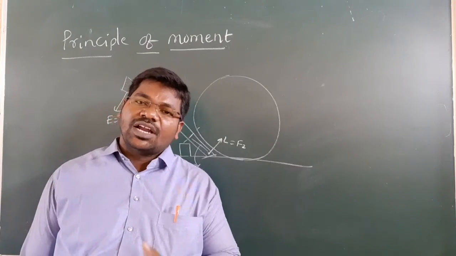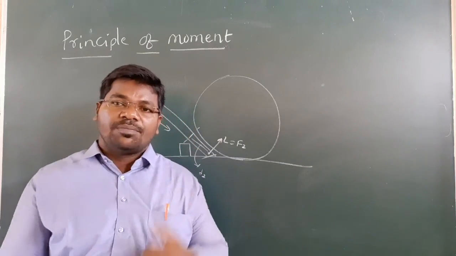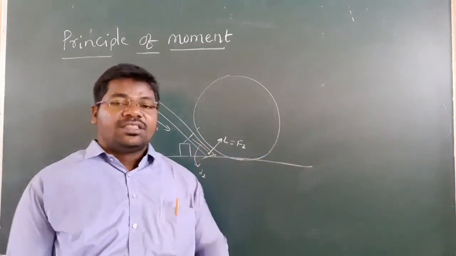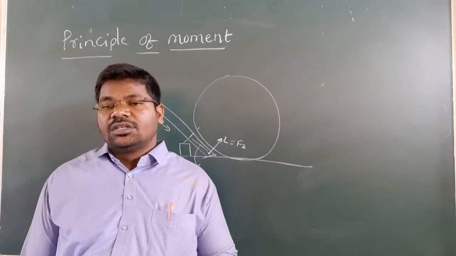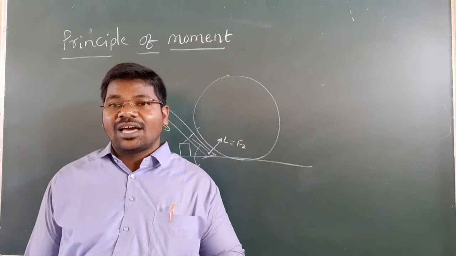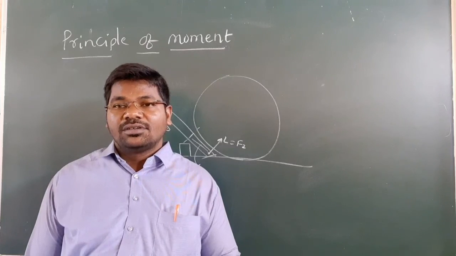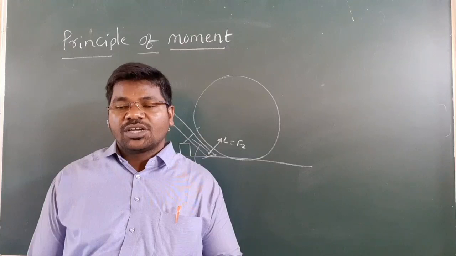We can take one wood lever and apply force, and by the principle of moment the body will move. They have no idea about this principle of moment, but indirectly they apply force to change the position of the heavier object, my dear children.